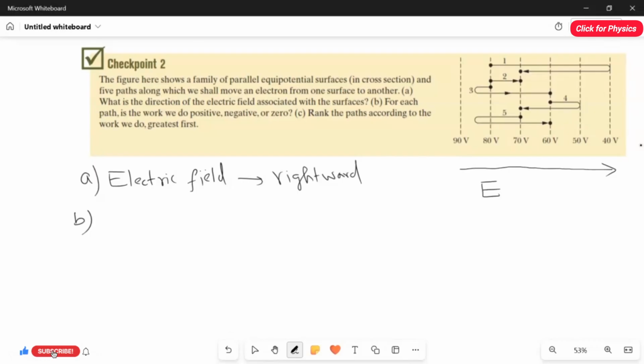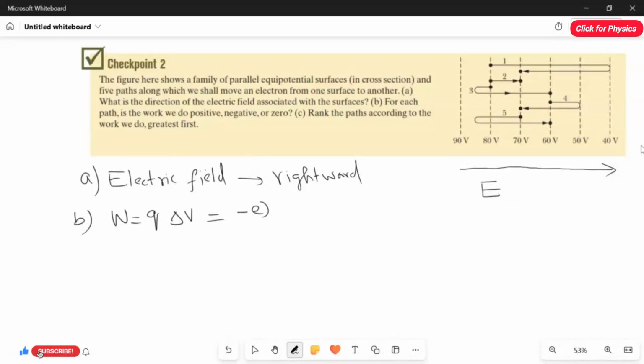For the second part, we are going to find, for each path, whether the work we do is positive, negative, or zero. As we know, the work done is equal to the charge multiplied by the potential change. Here the charge is the electron, and the potential is very important, so we are going to apply the values. Let's take the charge as a negative value.